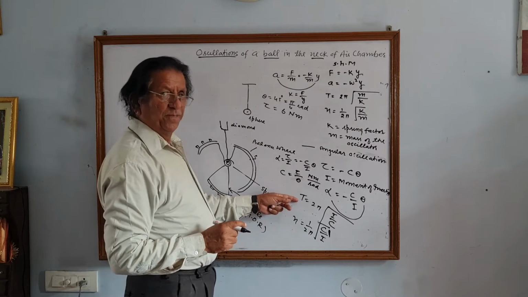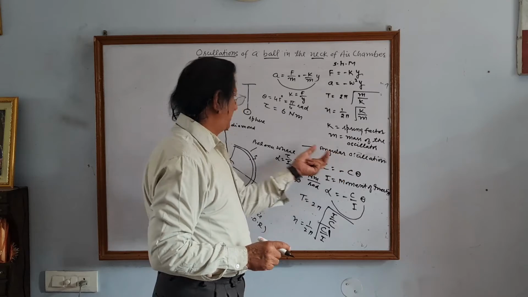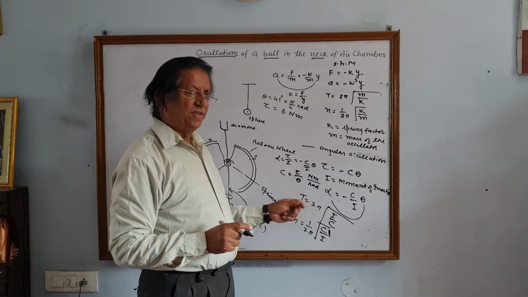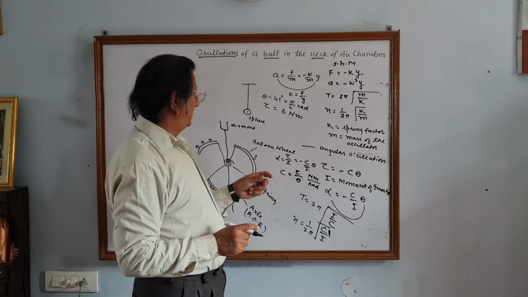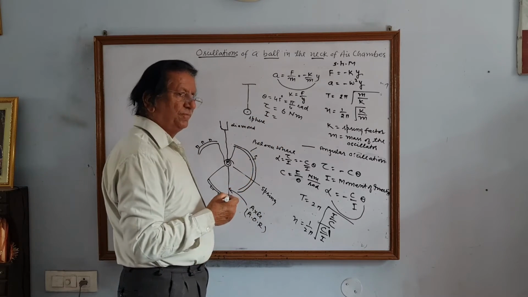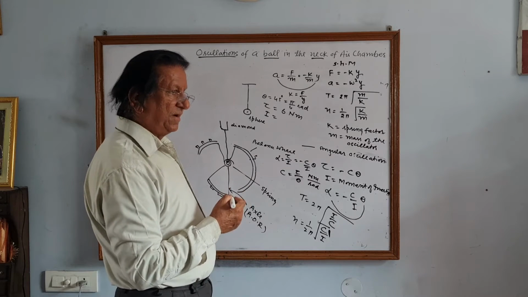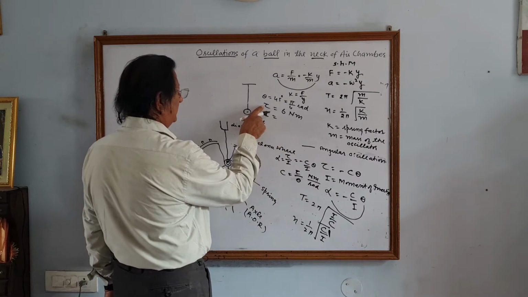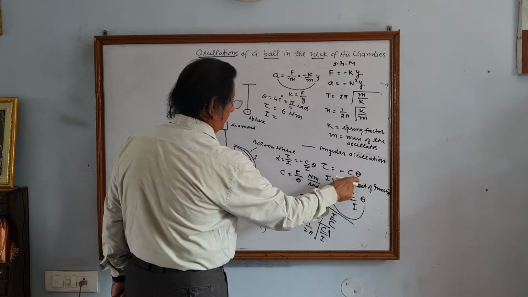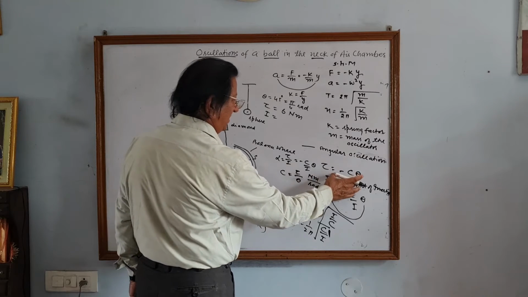Find out the time period of angular oscillation of this. And the time period formula is 2π√(I/C). I is not given. Can you calculate the value of I? You have this and this, and you can find out C with the help of this formula.